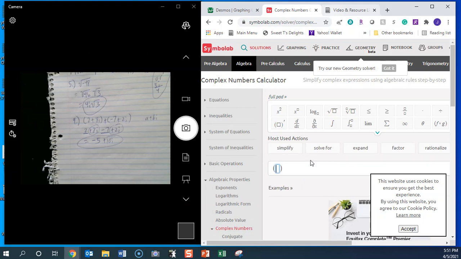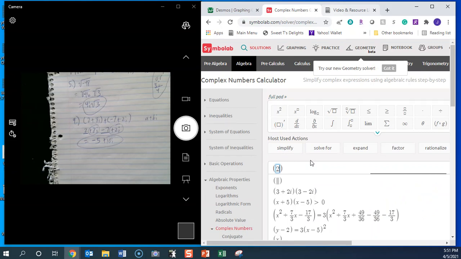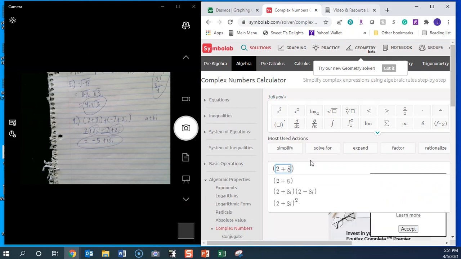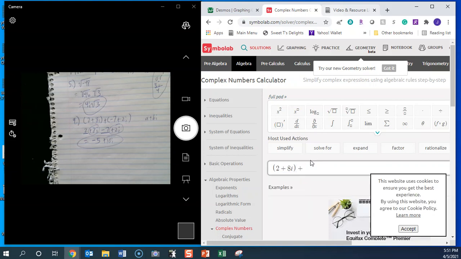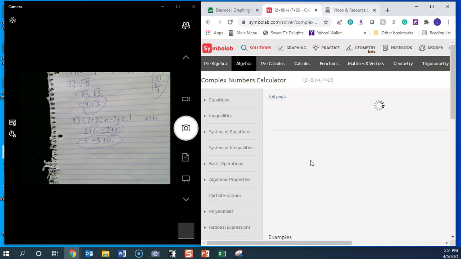So we would do our parenthesis. We had 2 plus 8i, close our parenthesis, and then plus parenthesis, negative 7 plus 2i. And then close our parenthesis. And then in order to solve this, you will press enter.